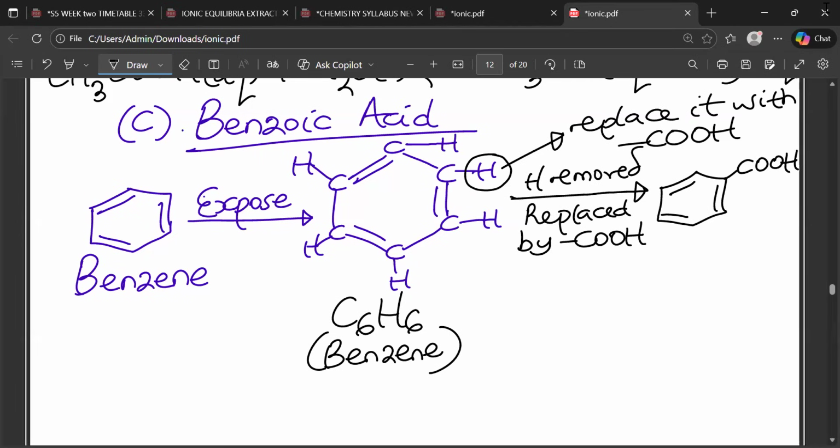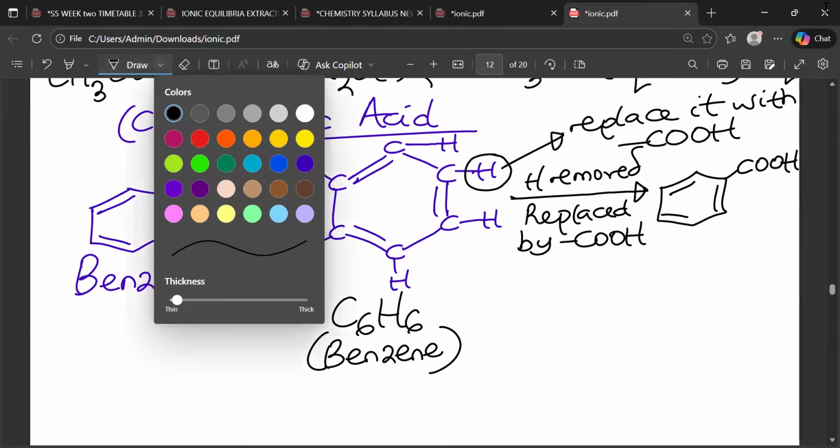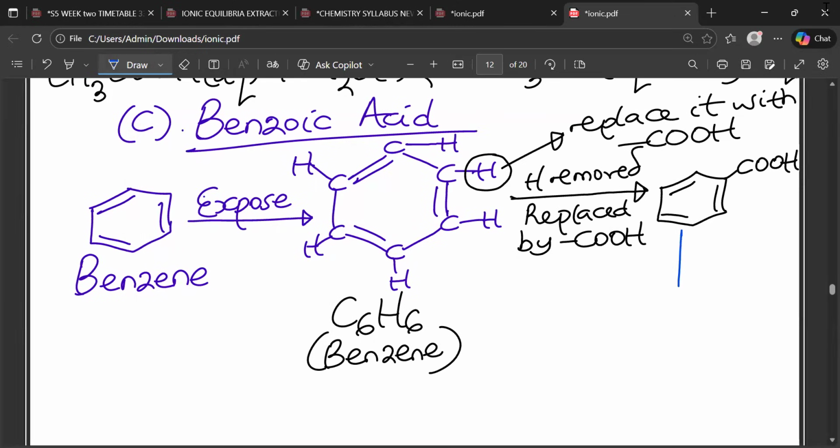This is what I want you to understand. The moment you remove one H, the carbons have remained 6, but now the hydrogens of benzene are 5. The 6th has been removed and replaced by this.